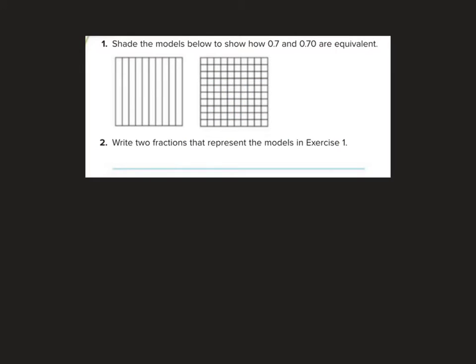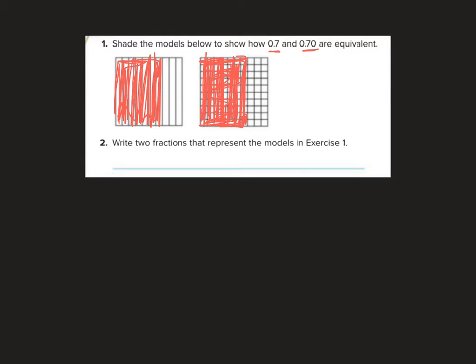Shade the models below to show how 7 tenths and 70 hundredths are equivalent. I love this. This is such a good illustration. Okay, so I'm going to shade in 7 tenths: 1, 2, 3, 4, 5, 6, 7. Now watch this magic. 10, 20, 30, 40, 50, 60, 70. Look at that. We're coloring in more pieces, but they're smaller pieces.